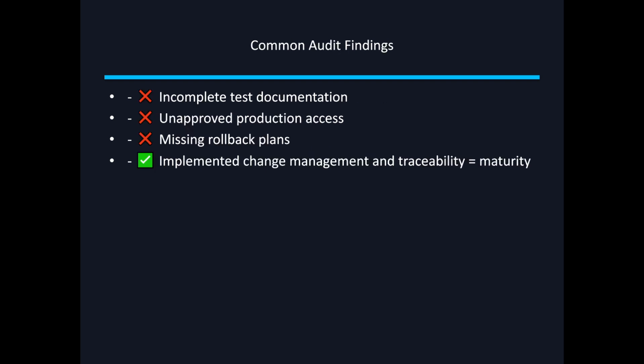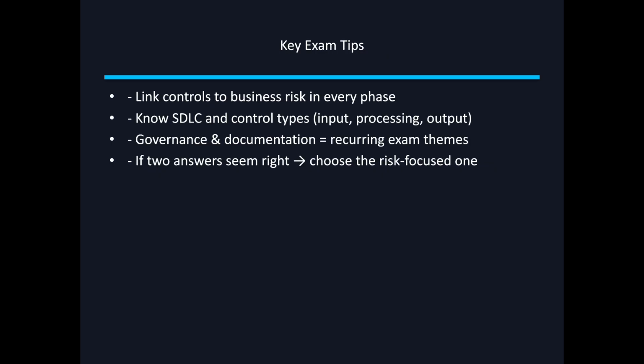Okay, so moving on to our next section, which is the exam tips and wrap-up. Let's summarize the essence of domain 3. Auditors play a vital role throughout the SDLC, and not just at the end.